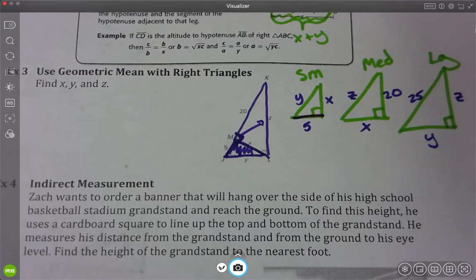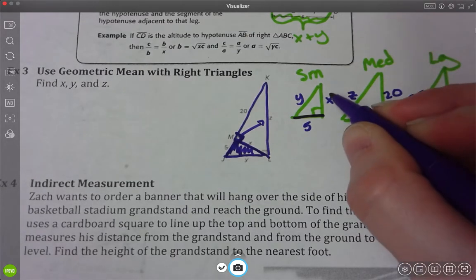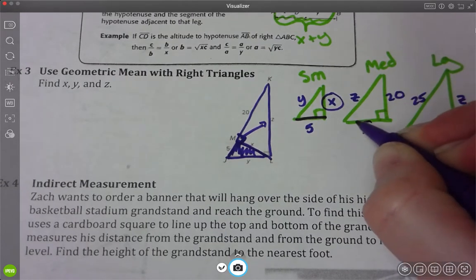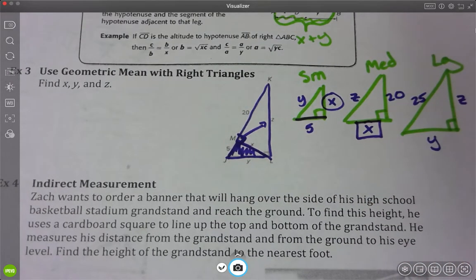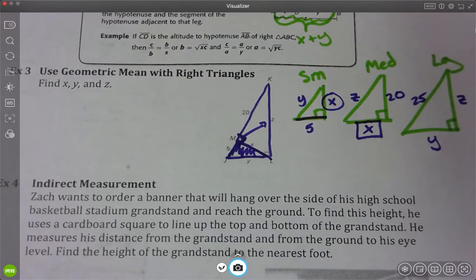So what I'm going to do is, let's say we're solving for X here, okay? I've got an X here and an X here, okay? So I'm going to put one as a circle and one as a box, okay? So in this case, I'm only comparing the small and medium triangle. I'm not comparing anything other than that. So I have small, medium.